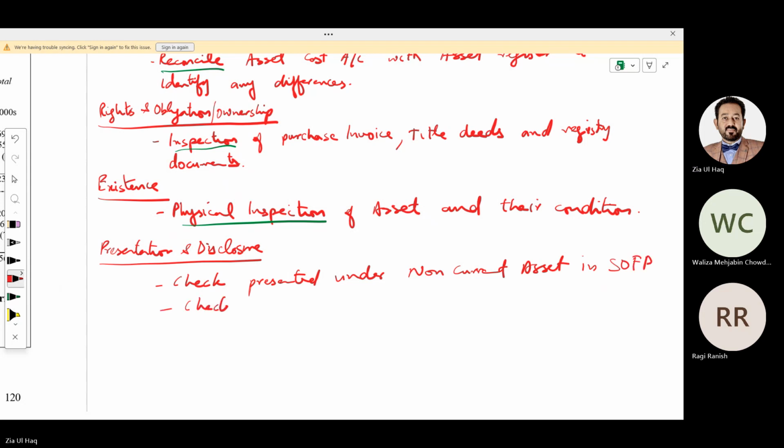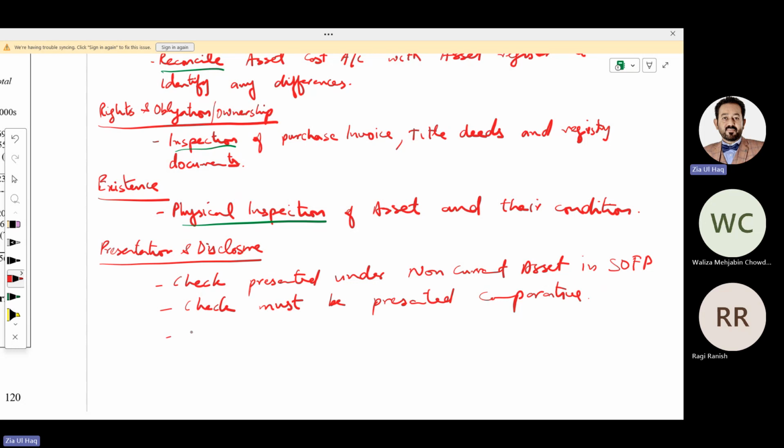Check it must be presented comparatively. And regarding tangible non-current assets, the standard requires you to provide detailed disclosure about the asset cost account and the accumulated depreciation account.